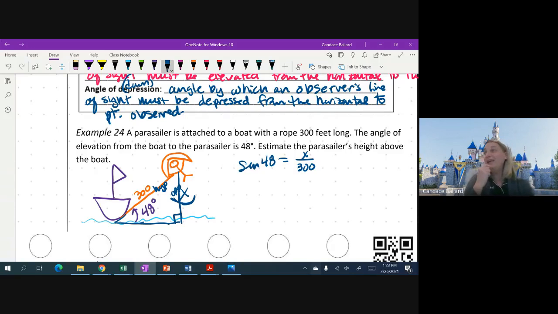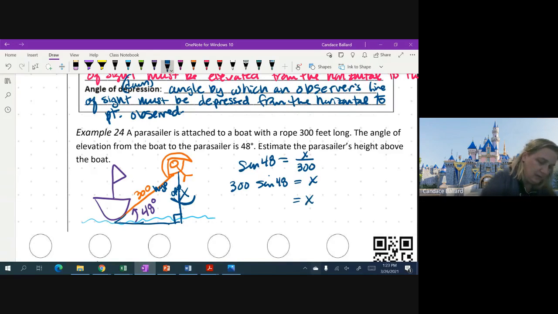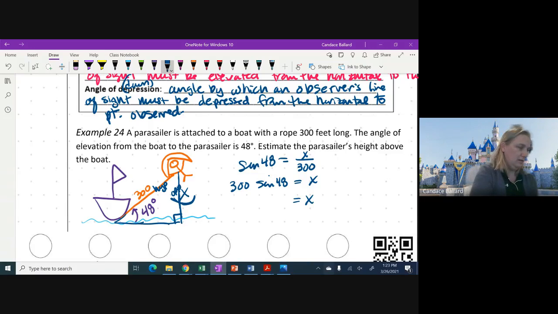All right, and again, same process as before. I'm going to multiply that 300 over. So 300 times the sine of 48 equals x. All right, and then we're going to go into our calculator, right? I'm going to pull my calculator out again.